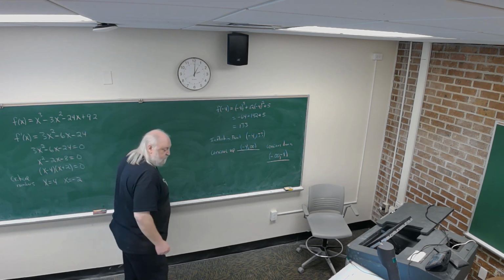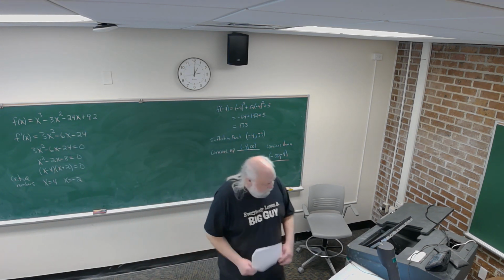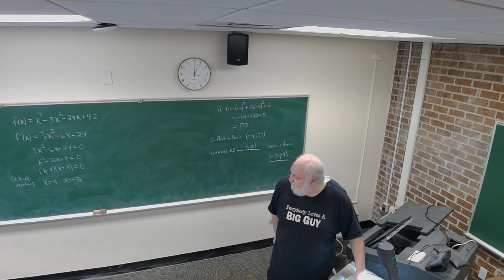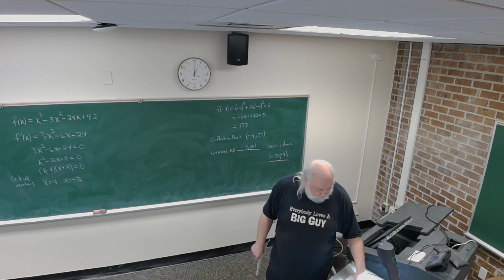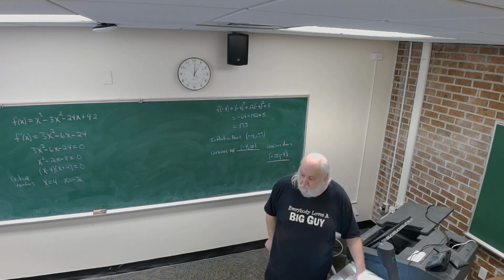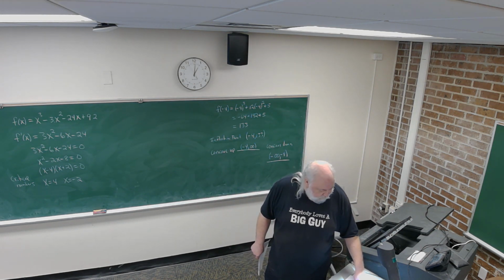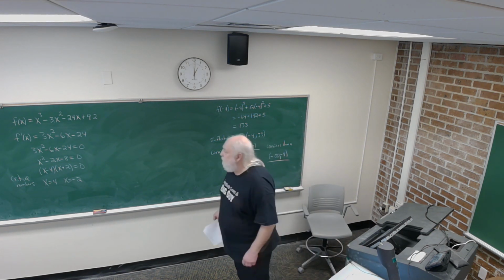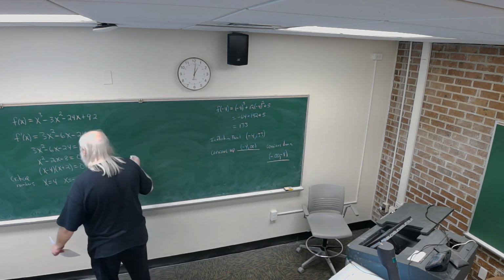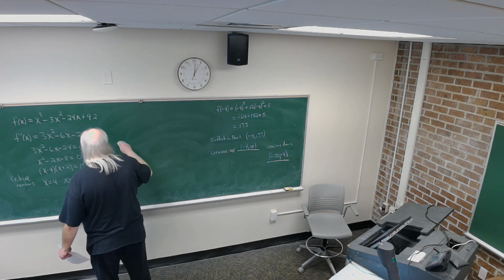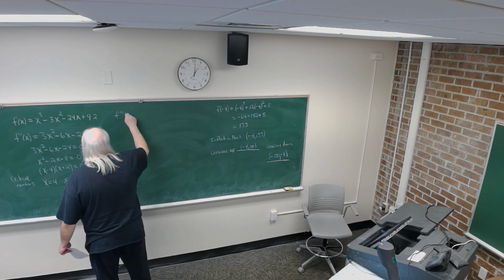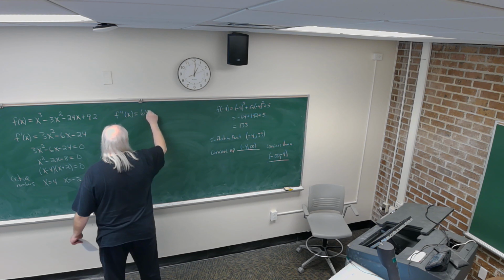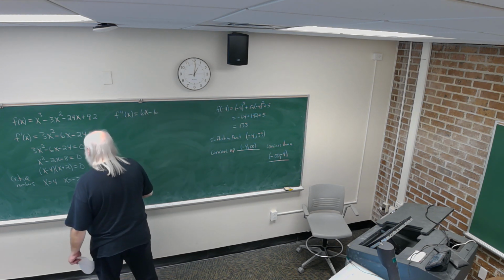Well, the second derivative test, right, says if the second derivative at x equals 4 is positive, then we have a local minimum at x equals 4. If the second derivative is negative, then we have a local maximum. Okay. So the second derivative, which we calculated earlier today, is equal to 6x minus 6.